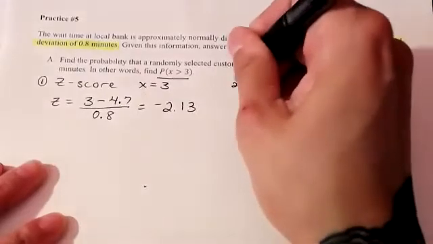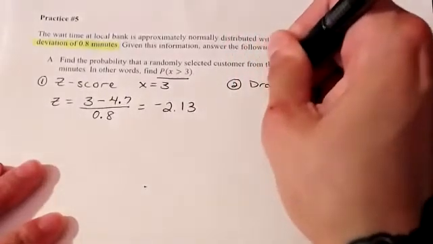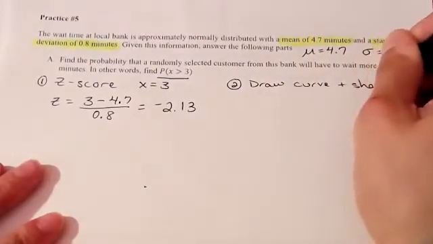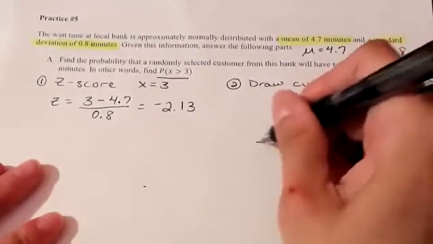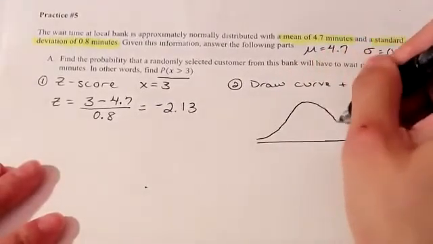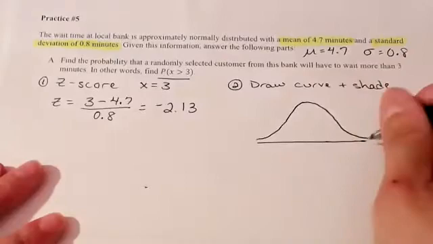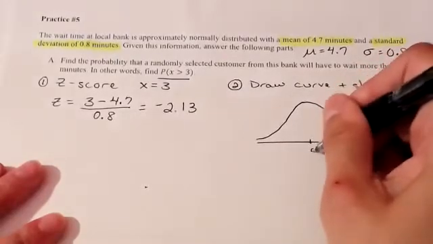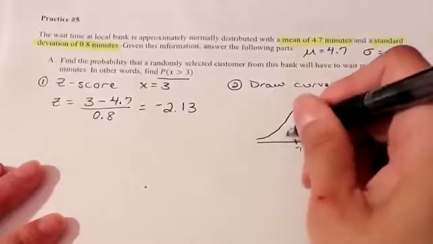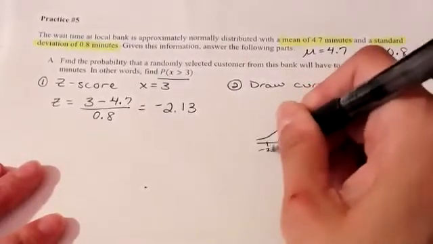Same exact idea. Let's go ahead and draw our normal curve. So step 2 is draw the curve and shade. We have 0, 1, 2, 3. Let's go the opposite direction: negative 1, negative 2, negative 3.